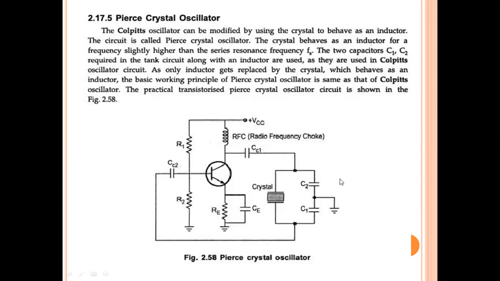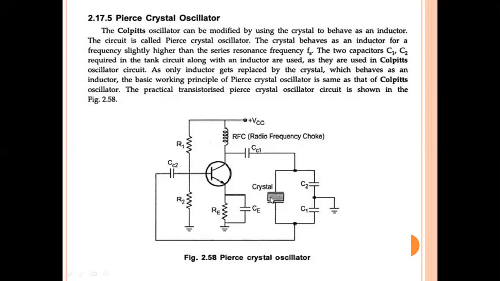If you compare the Colpitts oscillator with this oscillator, normally we have an inductor in the Colpitts oscillator, but in this case, in place of the inductor, we are using a crystal, and this crystal behaves as an inductor at one position. So the Colpitts oscillator can be modified by using the crystal to behave as an inductor. This type of oscillator is known as the Pierce crystal oscillator.